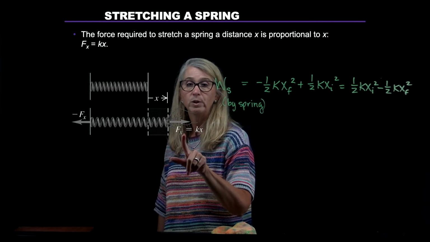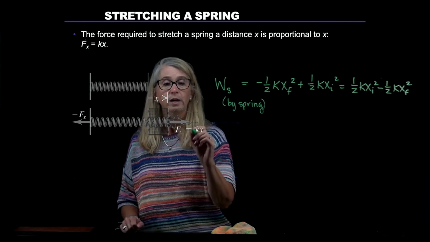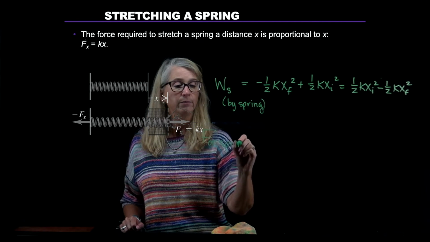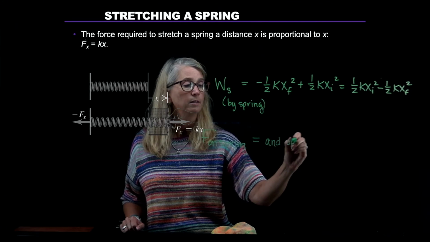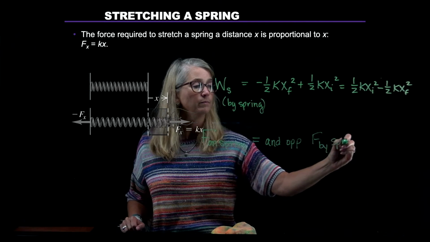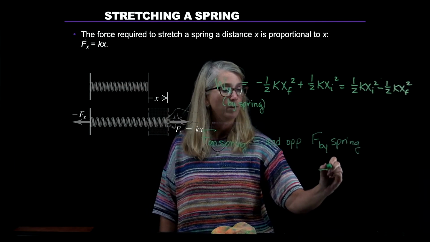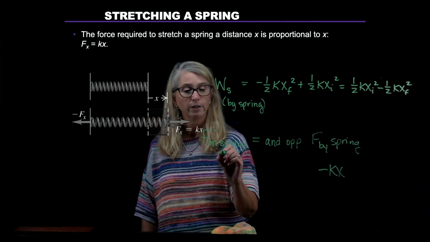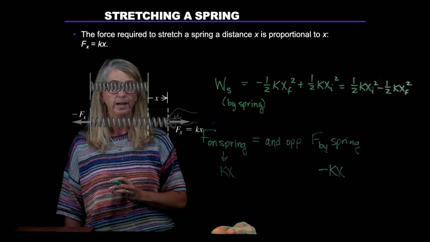Well, the force that was exerted on the spring to make it stretch has to be equal and opposite to the force by the spring. And so since this is minus kx, this is the force by the spring, the force on the spring is just equal and opposite, and it's just equal to kx.